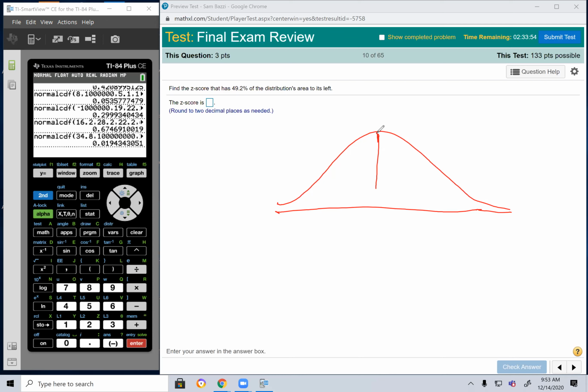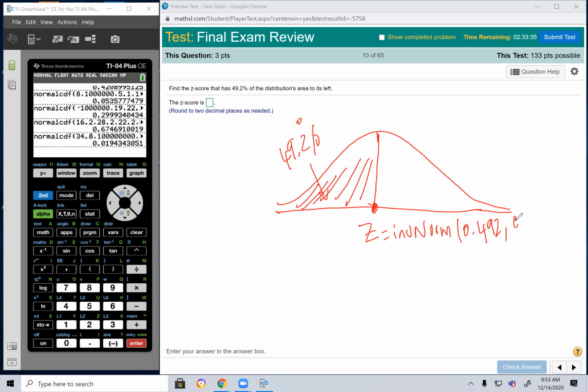Okay, this is the area to the left. This is 49.2%. And he wants that Z-score. Well, you guys, you know, it's inverse norm, area to the left, which is 0.492. And since this is a Z, 0 and 1. So let me just do this.